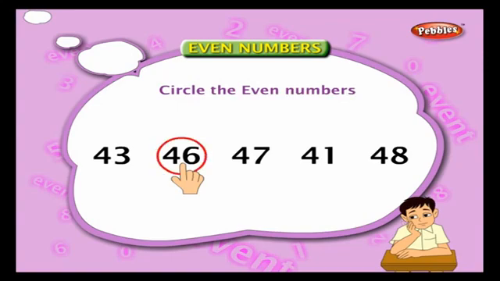Circle it. 47 ends with 7, so it is not an even number. 41 ends with 1, so it is not an even number. 48 ends with 8, so it is an even number. Circle it.